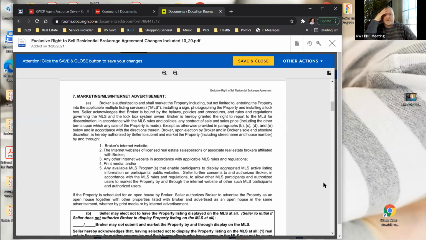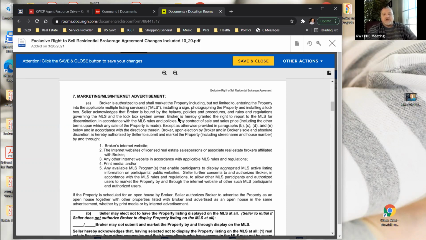Seller acknowledges that the broker is bound by bylaws, policies, and procedures and rules and regulations governing the MLS and the lockbox system owner. The broker is hereby granted the right to report to the MLS for dissemination in accordance with the MLS rules and policies any contract of sale and sales price, including other items upon any sale of the property is made.